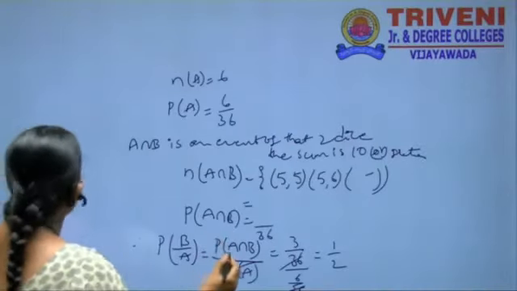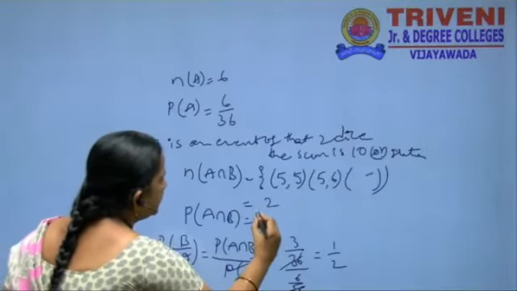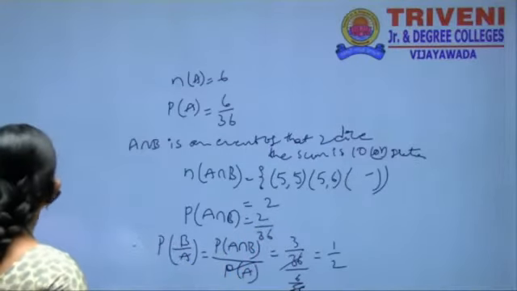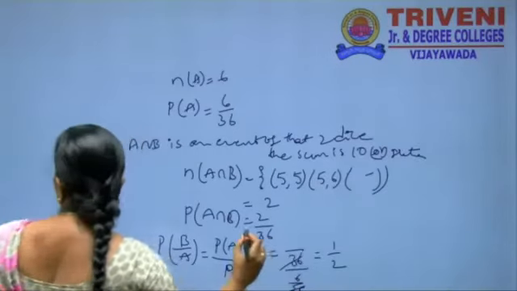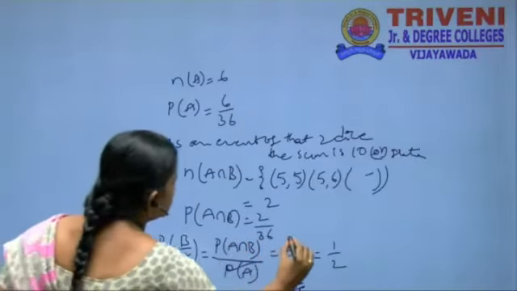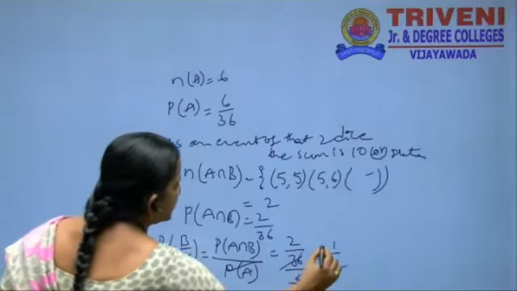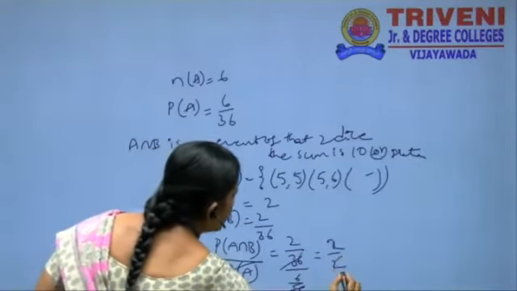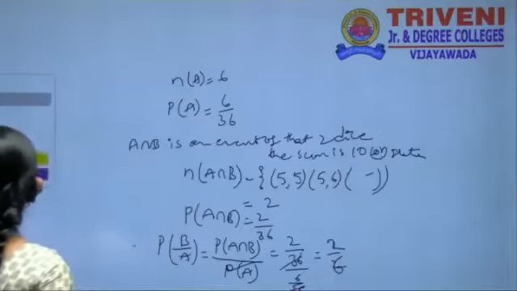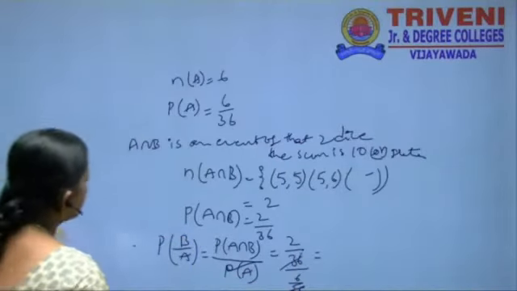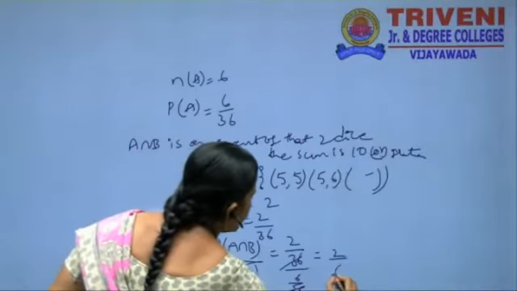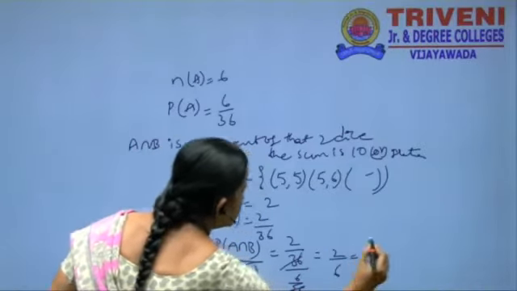Here it is 2 by 6. Here also the same, 2 by 6, that is equal to 1 by 3.